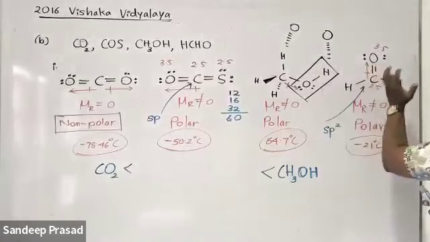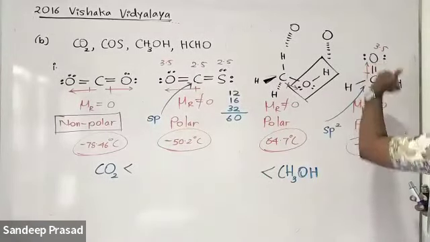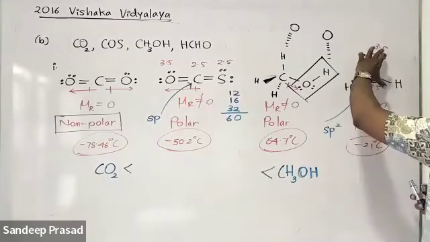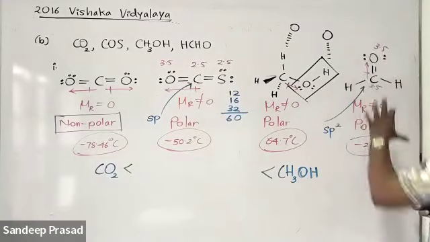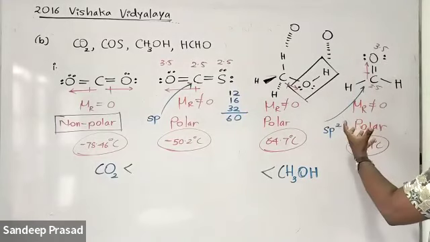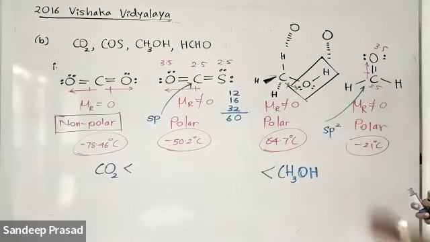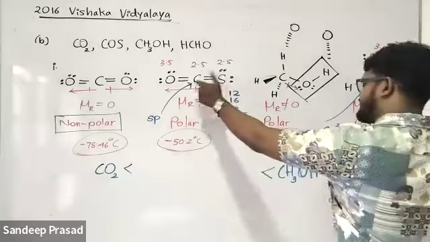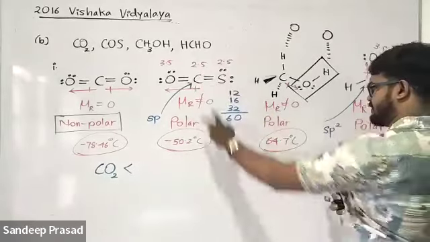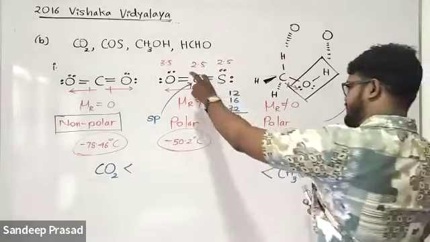But when you consider the carbonyl group in methanol, since this carbon atom is less electronegative, the difference is becoming larger. Therefore, the dipole moment is becoming larger, and the polarity is increasing in the methanol molecule. In carbonyl sulfide, polarity is decreasing because of the electronegativity difference.